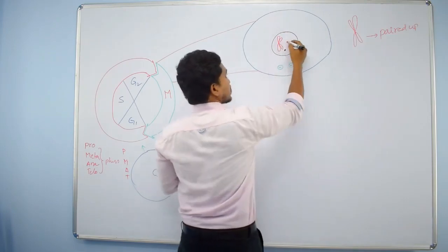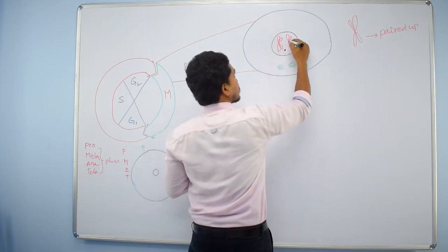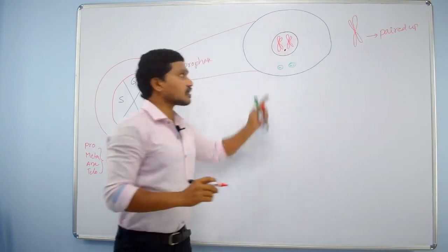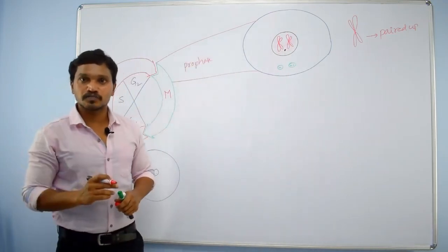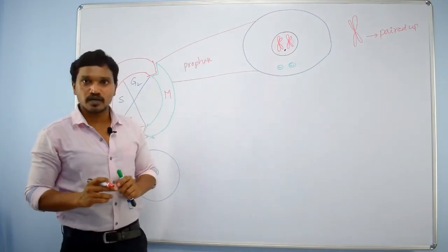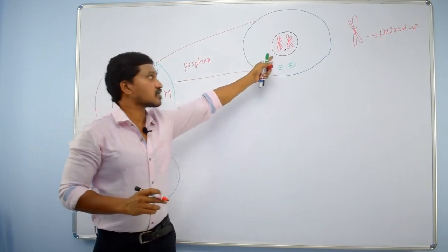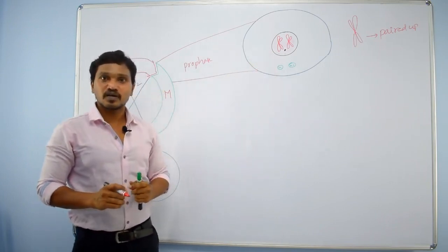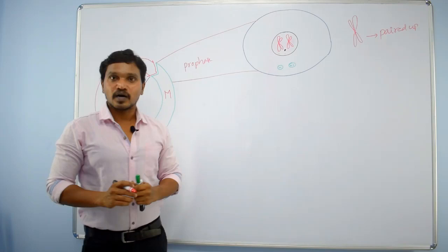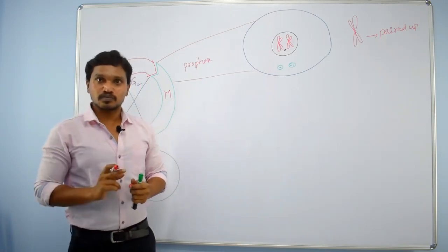I am taking 2 chromosomes here. I never mean that this cell contains only 2 chromosomes. 46 chromosomes will be there, but I cannot draw 46 chromosomes in that small nucleus, so I have drawn 2. Clear?